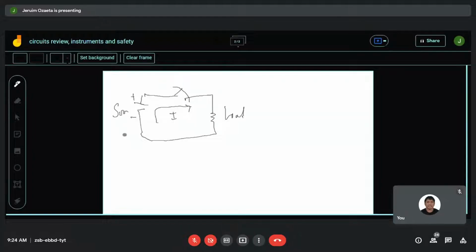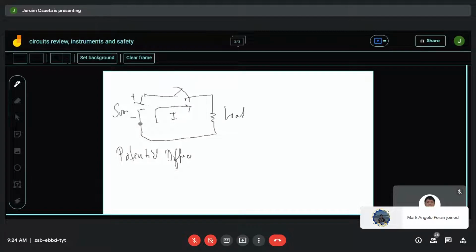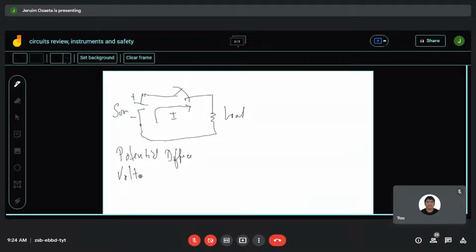Now, the source has potential difference. Meaning to say, there is a voltage source, a potential difference, and in the load, there is a voltage drop. Okay?